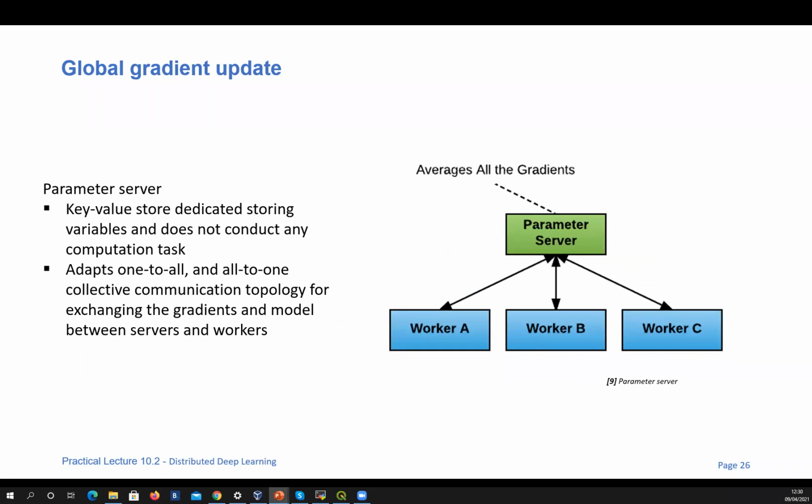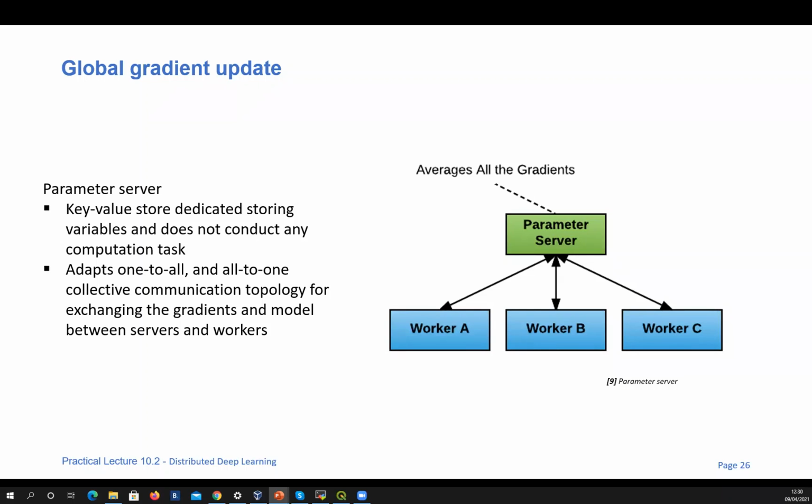So again, this is a technical slide on how this gradient update is performed, and there is this way of having a central parameter server that takes care of gathering and sending the gradient updates.